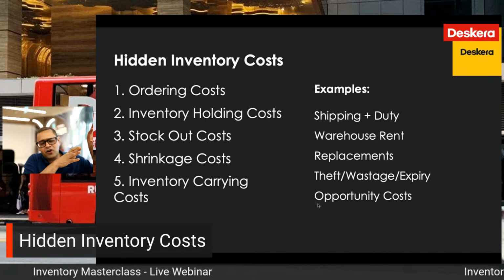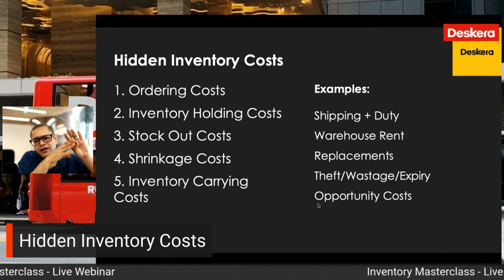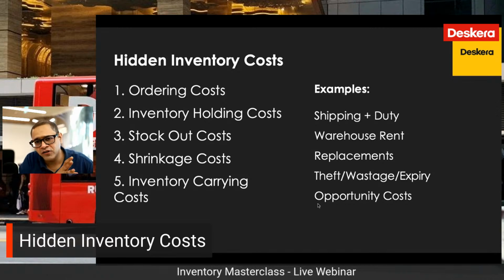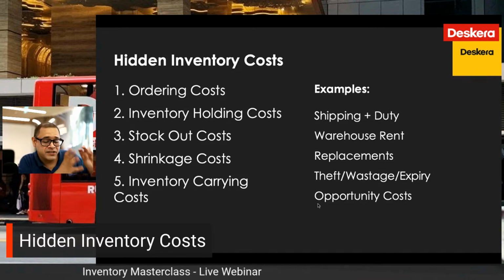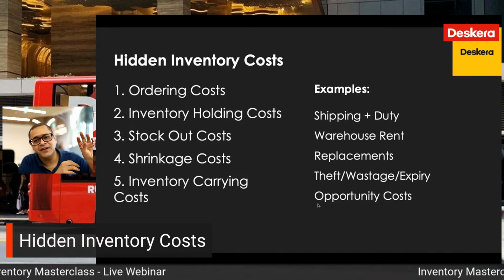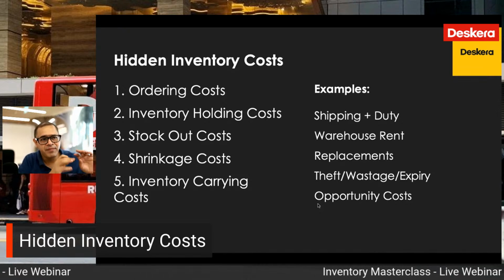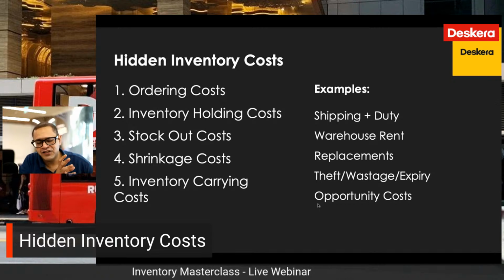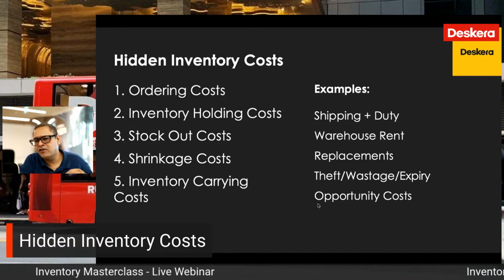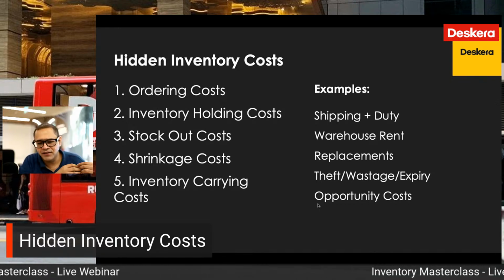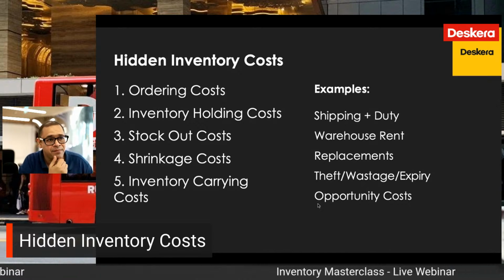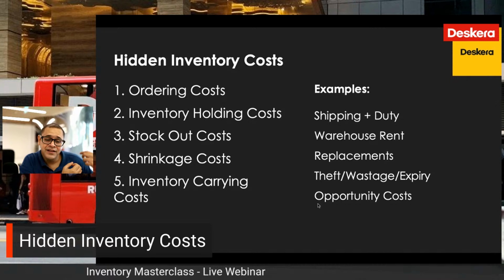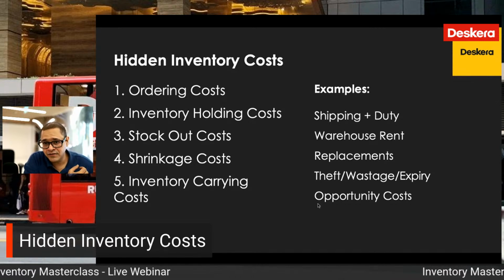Now, this ordering cost is something that will reduce with the volume, because some part of the ordering cost will be fixed. Obviously, one part is your purchase price, which is going to be a function of the number of items you purchase. But then you also have these other fixed costs, like shipping or duty or octroi, or onboarding, or labor costs associated with getting that item from, let's say, the harbor to your warehouse.